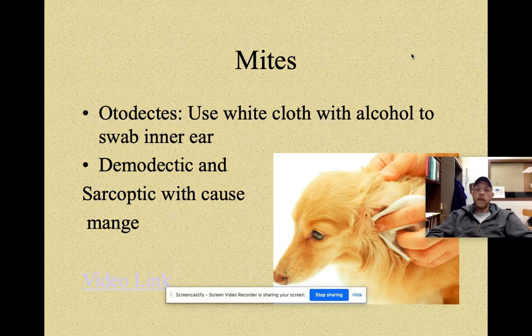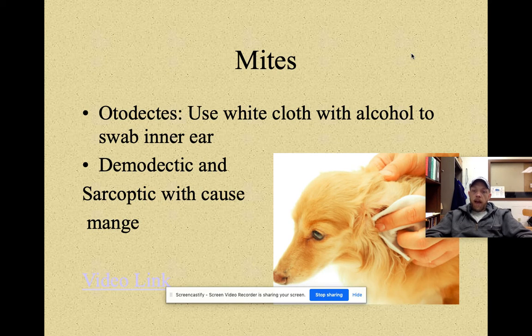How we can tell: if we have a white cloth or a good, strong, firm white paper towel. We don't want to use cheap garbage, and we don't want to use a napkin that's going to disintegrate when we get it wet. But if we have a good, strong white paper towel or white cloth, we can drape that over our finger and then get that cloth wet with some alcohol, and we can swab the inner ear.